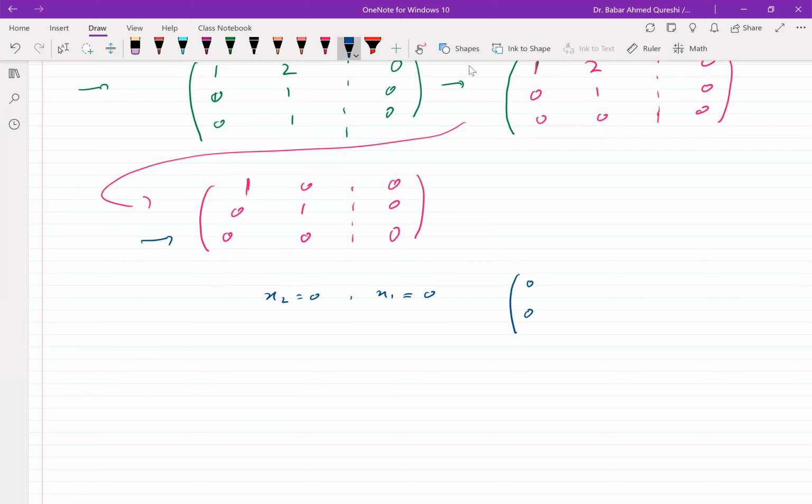So minus 2 times the first row added to the second: it is 0, minus 6 plus 4, minus 2, minus 2 plus 0, minus 2, 0.